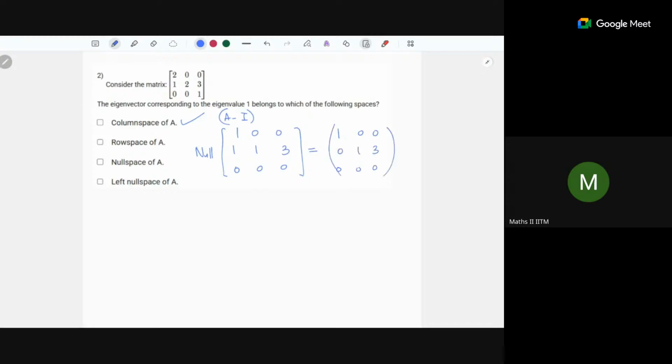Okay, that means y plus 3z is equal to 0, x is equal to 0. Alright, this would imply that y is equal to minus 3z and x is 0. So the general vector will look like 0, minus 3, 1. Okay, so this is your eigenvector.